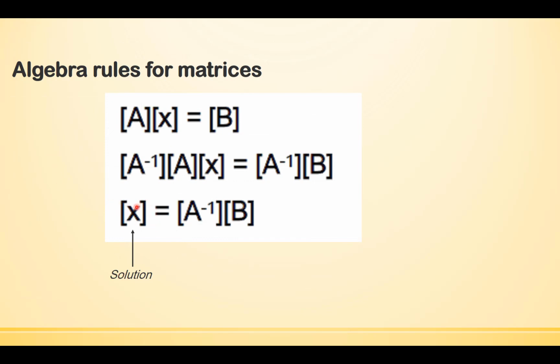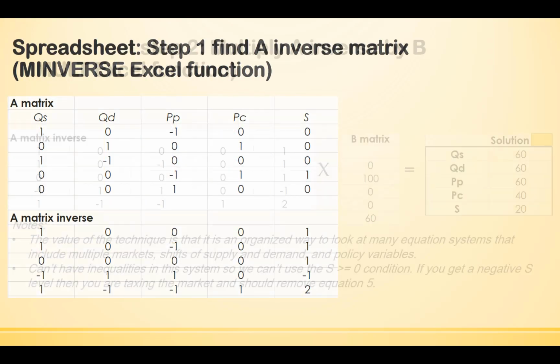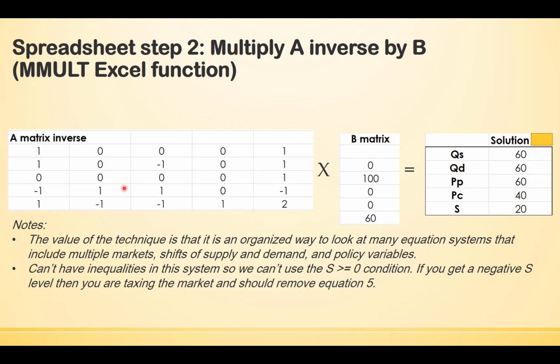That listing, the two quantities, the two prices, and the subsidy comes from multiplying A inverse, that coefficient matrix inverse, times B, and that's what this breakout here is writing. So the A matrix in its inverse form multiplied by the B matrix, this listing of the right-hand sides. If you do that multiplication, you end up with this solution.